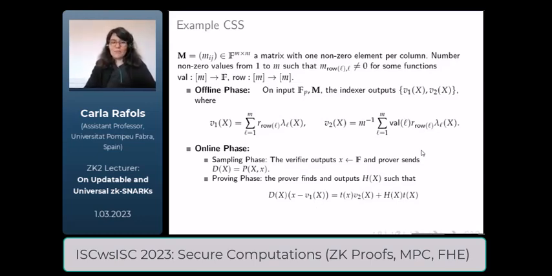Anyway, the last remarks I want to make, these are my concluding remarks. There are different ways of trying to express universal and updatable SNARKs as a sum of different building blocks. But I'm really a fan of this construction of checkable subspace sampling, because I think it's algebraically expressive, so it really tells you what's going on. You're trying to compress many relations into one.